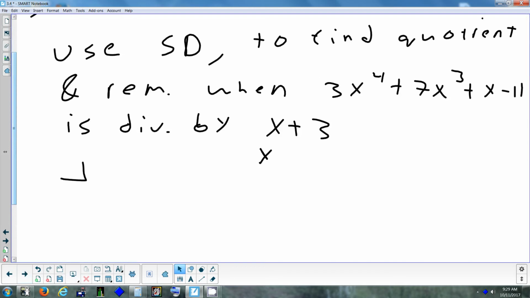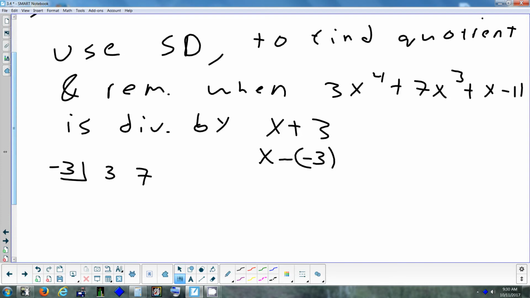Yes. It's always the number that comes after the minus sign. So you've got to think of x plus 3 written that way. The only way to do it is like that: minus 3. And then, Trevor, can you tell me my coefficients, the numbers I would write down? 3. Yep. 7. Yep. 1.